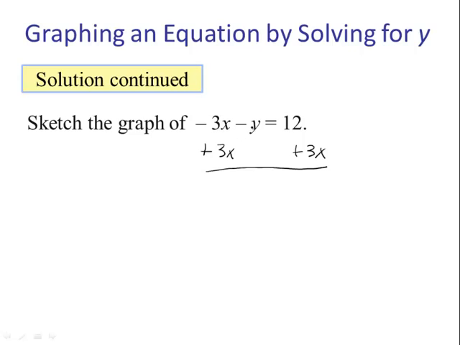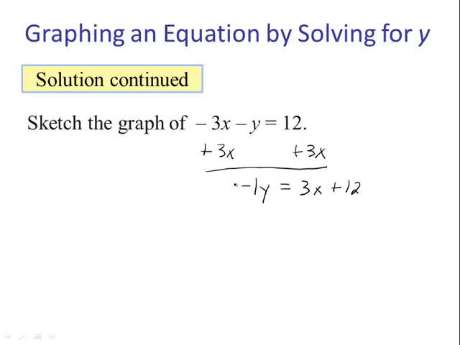These cancel. We have negative y, or that's the same thing as negative 1 times y, equals, now these are not like terms, we can't combine them, so we just write them down, 3x plus 12. We could say 12 plus 3x, but we want this to be y equals mx plus b.